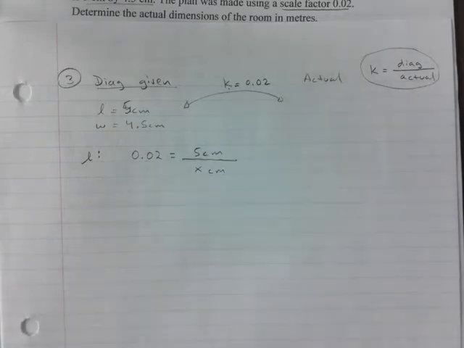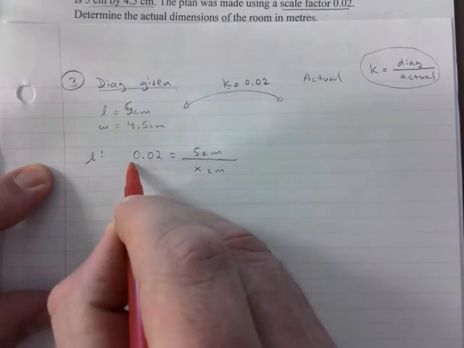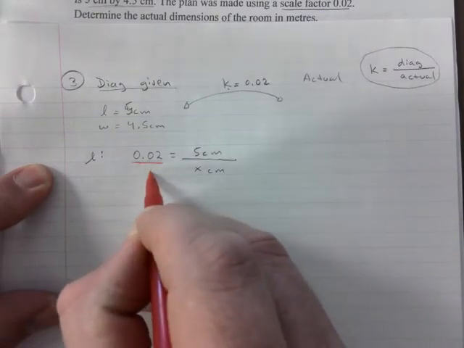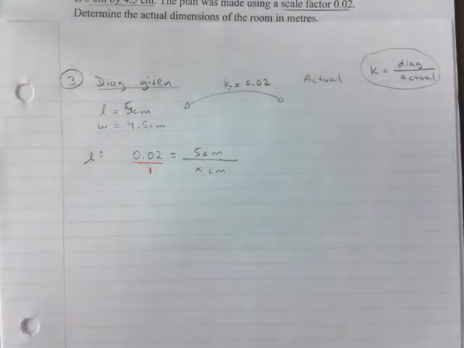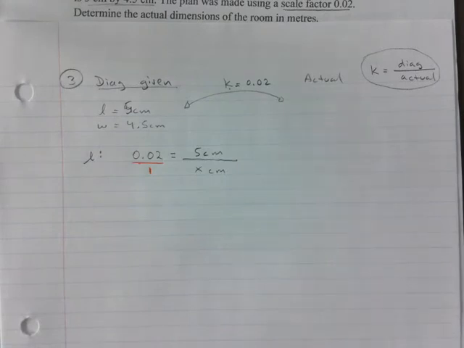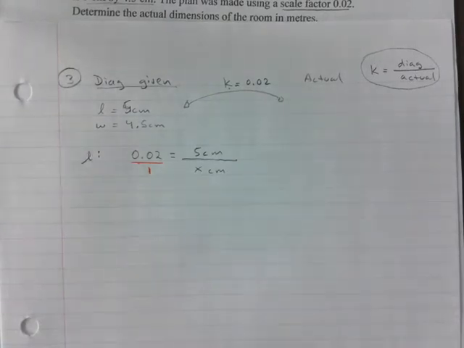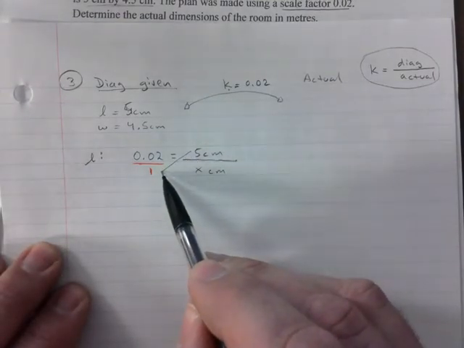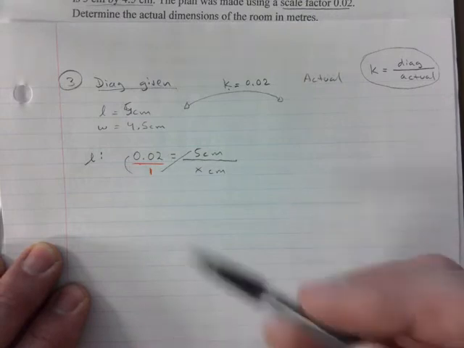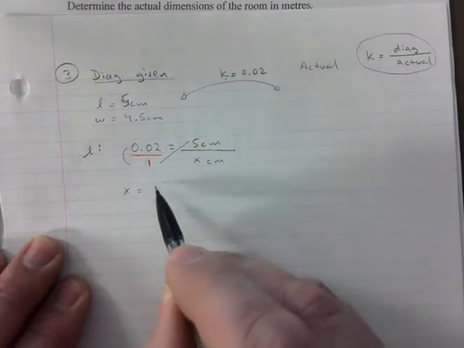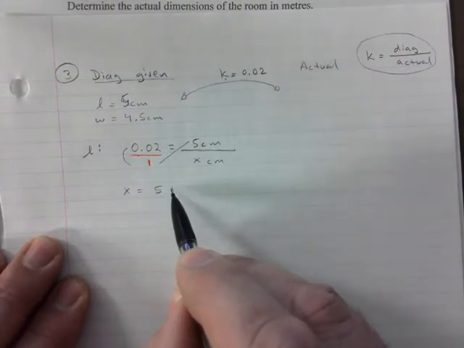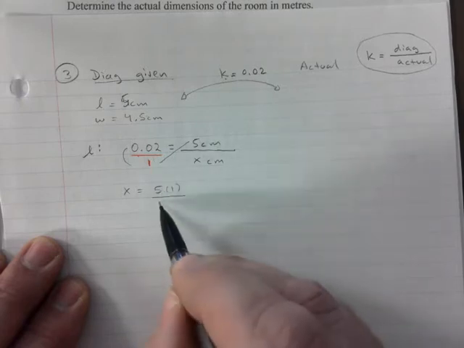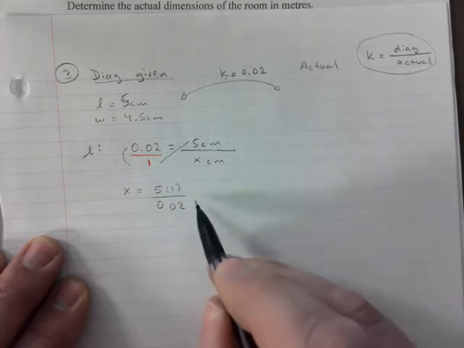And this is the trick I always like to tell my students. If you take any number and you put a 1 underneath it, you're not changing the value. Like 1,000 over 1 is still 1,000. Then you can see clearly that you have to cross multiply that way and divide going up. So it'd be 5 times 1 divided by 0.02.